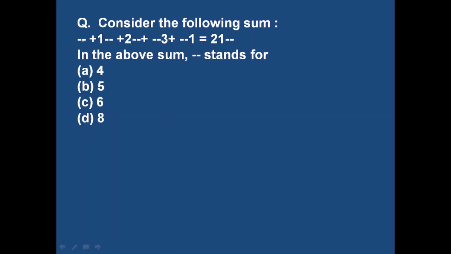There are dotted lines, vacant places, along with this number. We have to find out of these four options which number will be there so that this equation becomes complete.